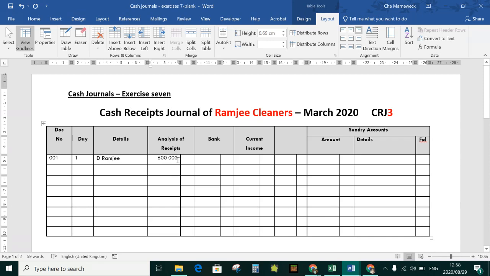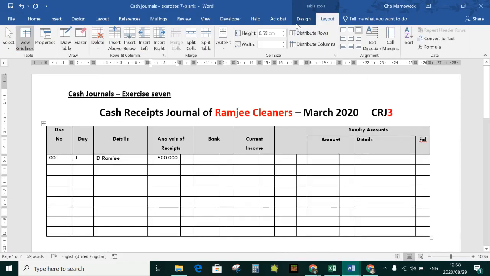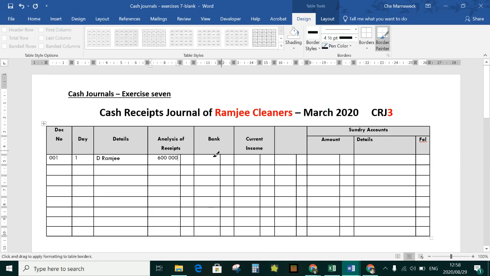We then have to look and see, do we receive more money on day 1? We have a look at our transactions. This is the only transaction for day 1, so it's the end of the day. You get out your pencil or pen and a ruler, and we underline analysis of receipts.